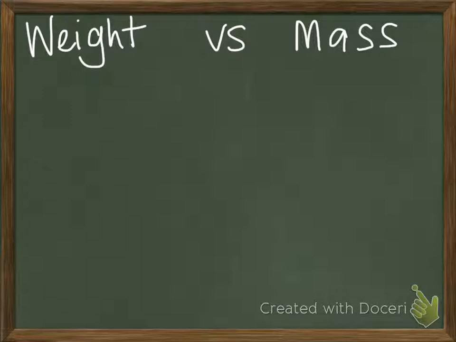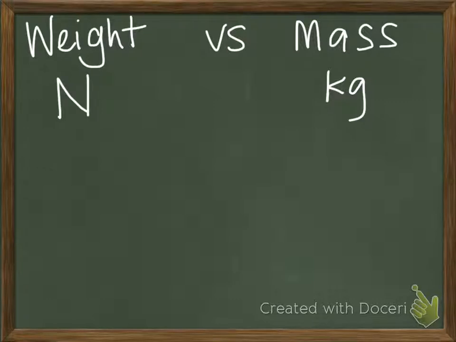We normally measure mass in kilograms. The difference between mass and weight is that weight is a measurement of how hard gravity is pulling on that object. And weight is actually a force. So we measure weight in newtons.